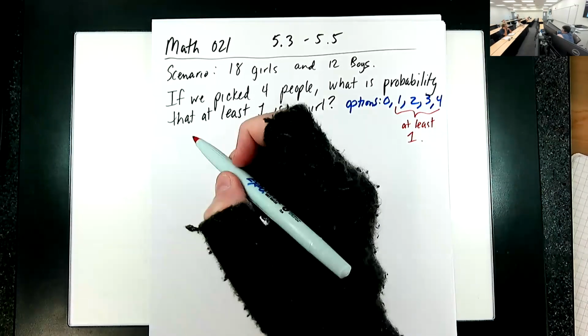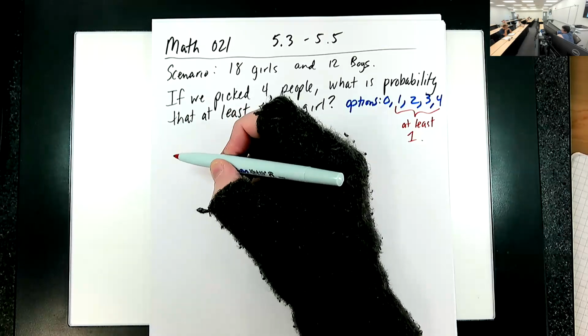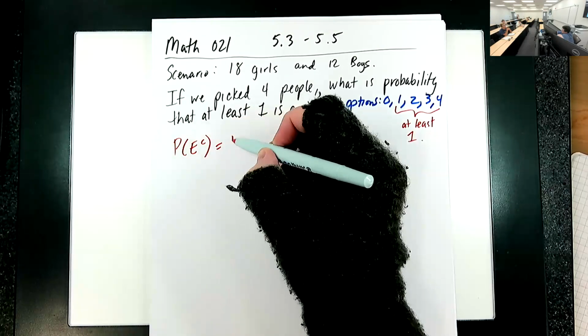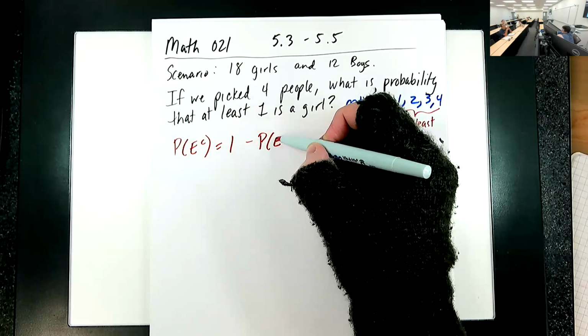And we used the complement rule. We said the probability of the complement of the event is the same thing as 1 minus the probability of the event.